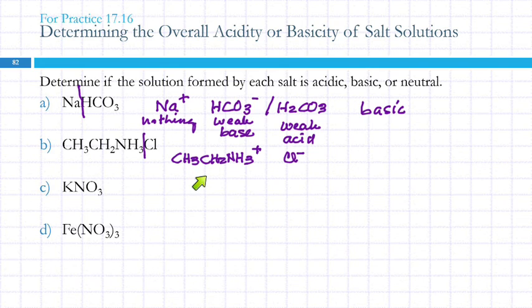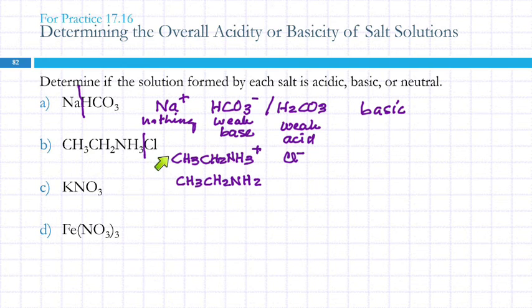Is this related to a weak base? We've got an N. Yeah, so if we take a hydrogen ion off of that, we get that. This is a nitrogen with hydrogens and carbons, therefore it is a weak base.